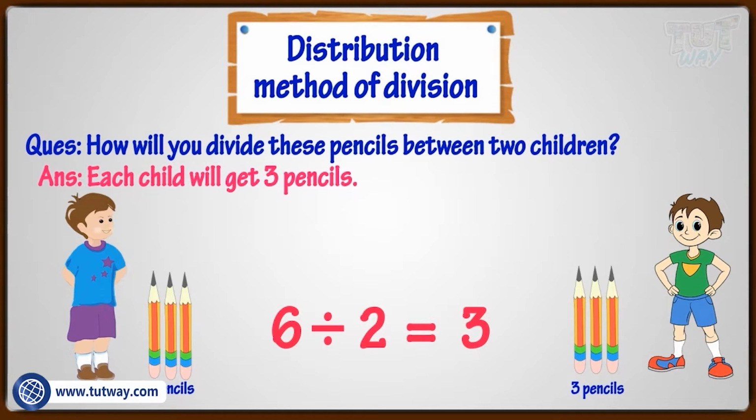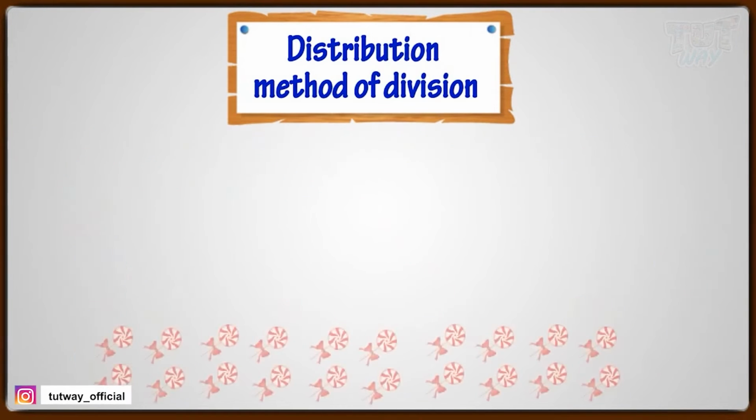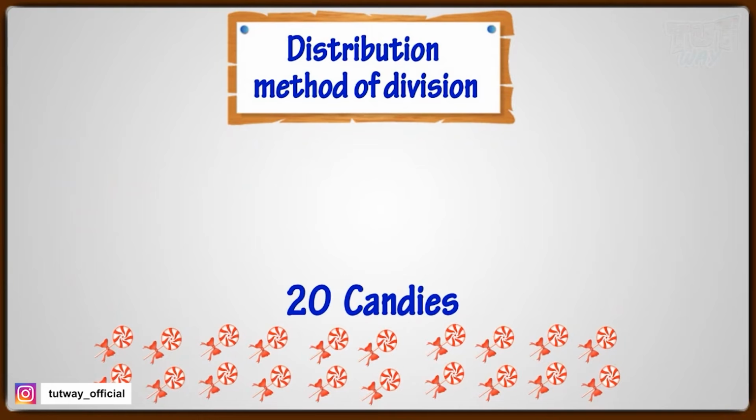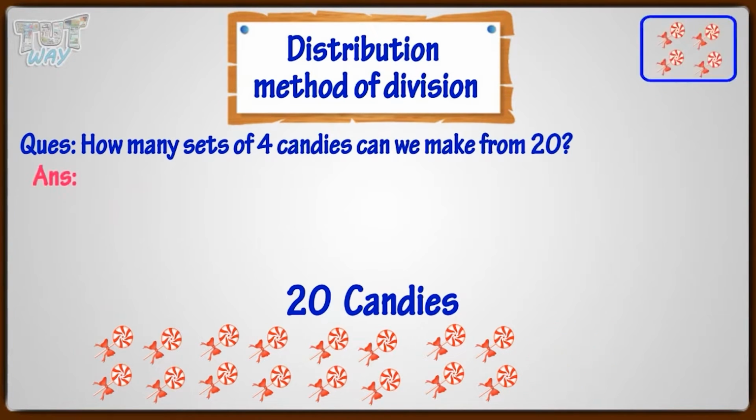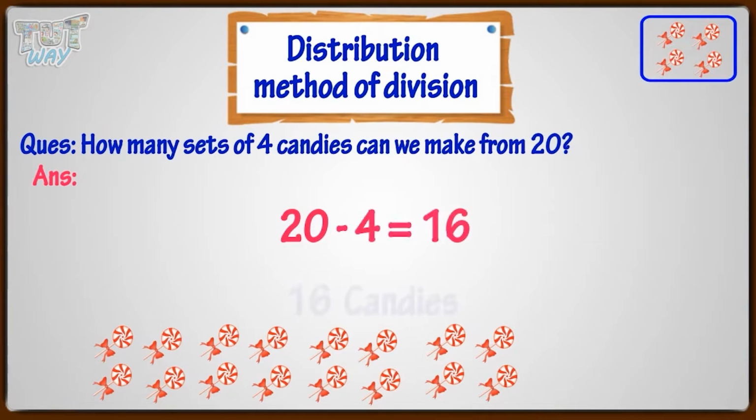Now, let's learn another way. There are 20 candies. How many sets of 4 candies can we make from 20? Subtract 4 from 20, we get 16.